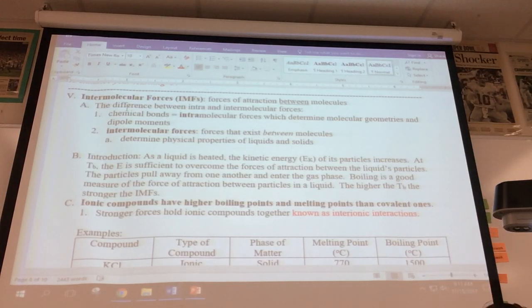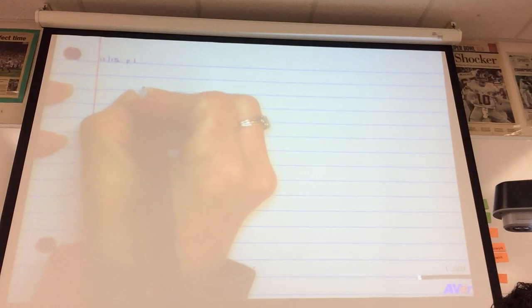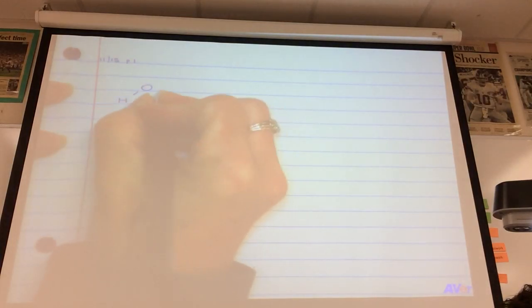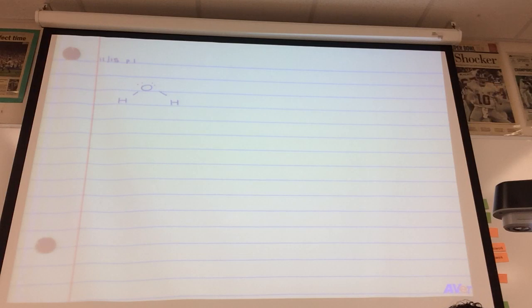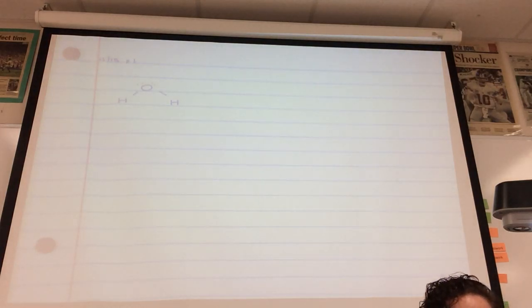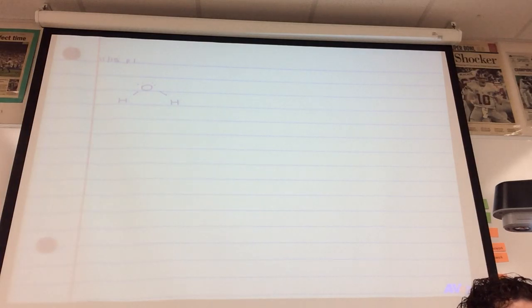And again, I'm not big on words because I think they can be a bit much to digest. For example, if we had a water molecule, we know water has that bent design, 2 atoms attached, 2 lone pairs in regard to the central atom.